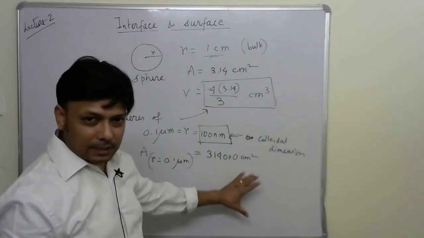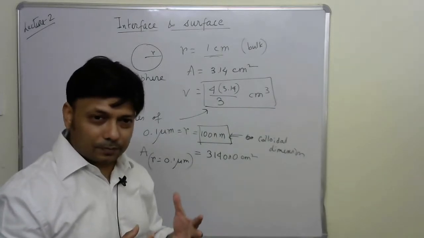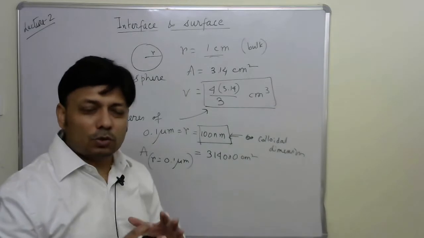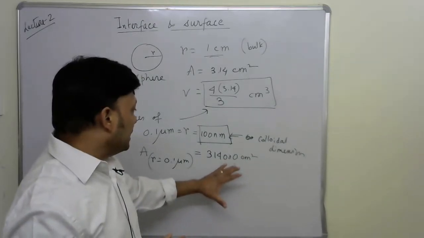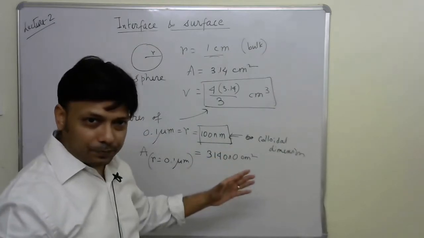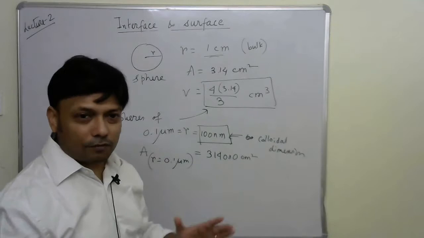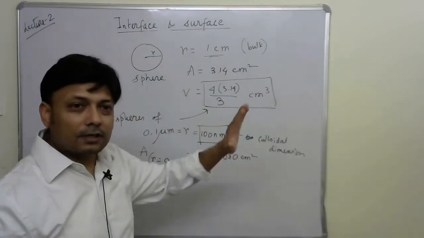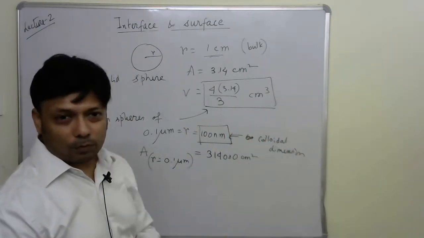So it also tells us that whenever we talk about colloidal dimension, we are talking about a huge amount of surface area, or a significant proportion of colloidal material is surface. That means an open interface interacting with air or vacuum.